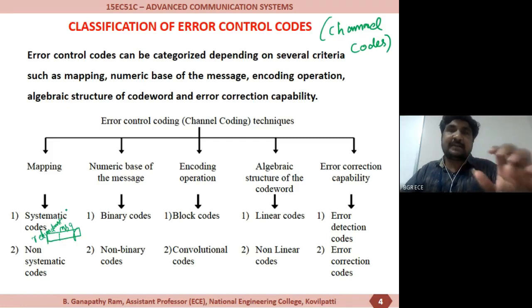If it is not represented in a systematic manner and the redundant information is placed in between various positions of the message bits, then it is called non-systematic code.